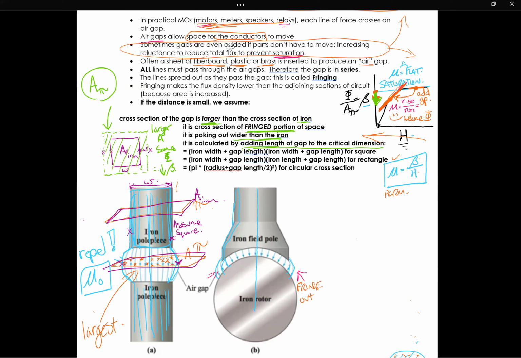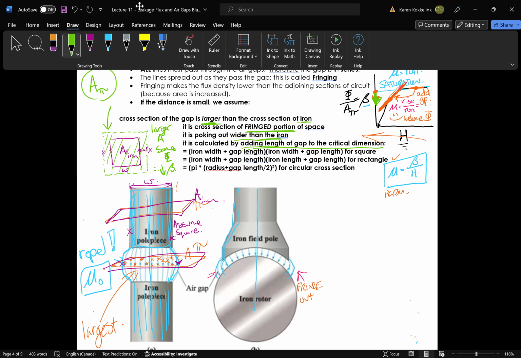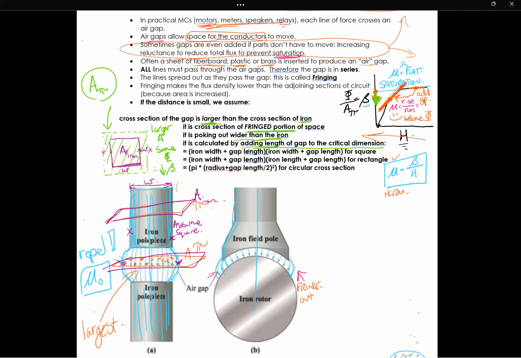So what you have to do is look at the critical dimension. The critical dimension means sort of the dimension that most defines the object. Critical dimension here is W, and it's W in both directions. So it's defined by taking the critical dimension and then adding the length of the gap. So I want to add the length of the gap to the critical dimension.